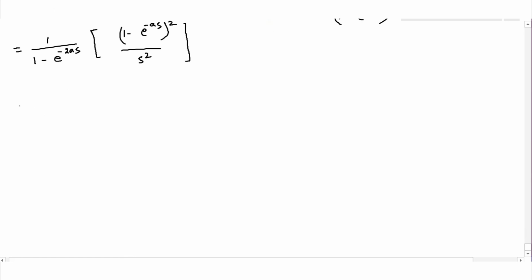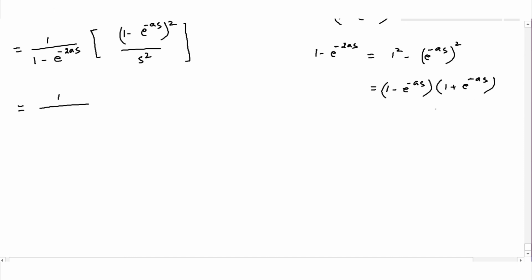So is it not 1 minus e power of minus of 2as is in the form of a square minus e power of minus as whole square form. It is in the form of a square minus b square, which can be written as a minus of b into a plus b form.